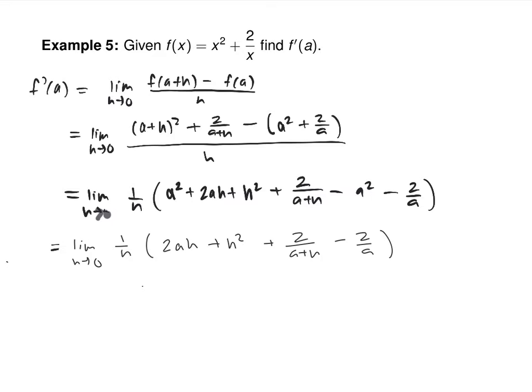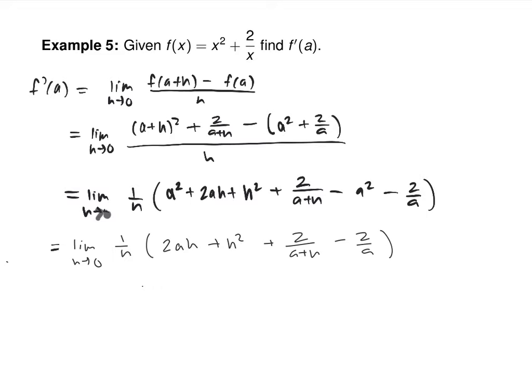I kind of like to do stuff based on your first instinct, because I think that means you're going to be able to generalize it more, but there definitely is an easier way to do this. Do you see how if that 1 over h distributes, some h's will cancel? Will the h in the first part cancel? How about the second one? If you do 1 over h times h, we're just going to get 1, and that's okay, right?